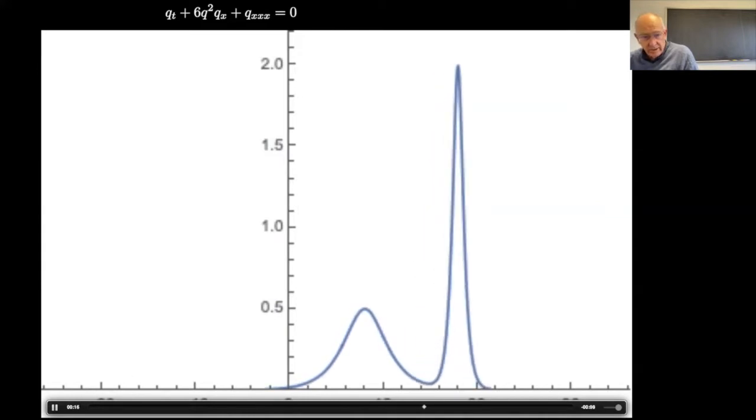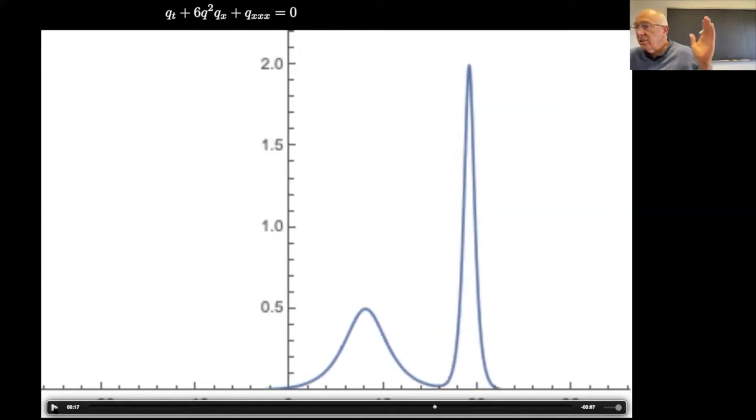Okay, so you could see that as the tall peak passed over, maybe you could sense that it accelerated faster, and then as it passed over, the smaller peak was shifted back by some small amount. This was visible, yeah? So that's something about these multiple soliton solutions: they interact with each other.